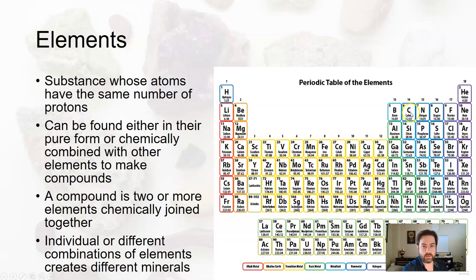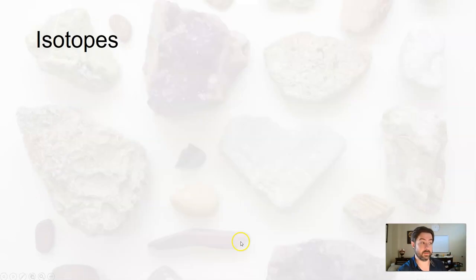Normally carbon has 6 protons and 6 neutrons, so its atomic mass would be 12. But on the periodic table, you sometimes see these decimal points because it's also averaging in all the ones that have an atomic mass of 13 and 14, the different isotopes.